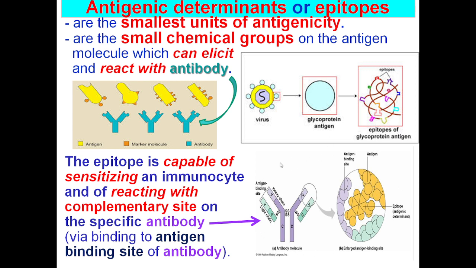In the lower part of the slide, you see how an antibody is directed to an epitope. The epitope is shown in the round field of view as a fragment of the yellow molecule.